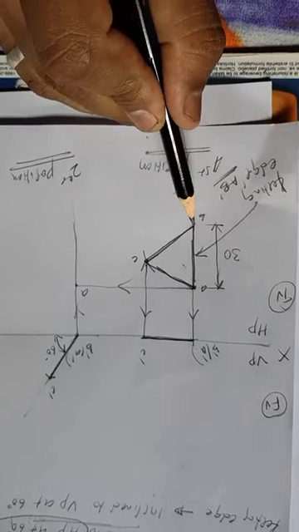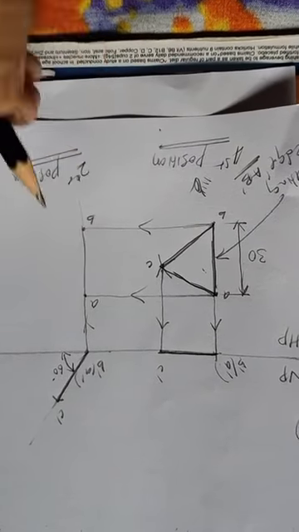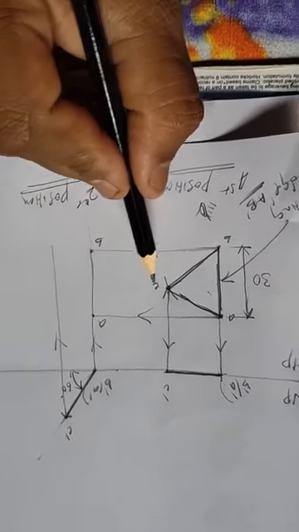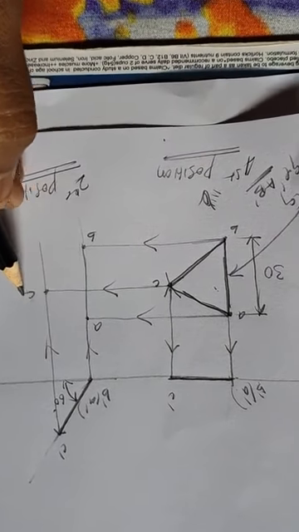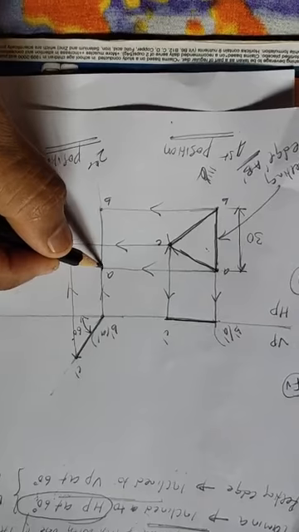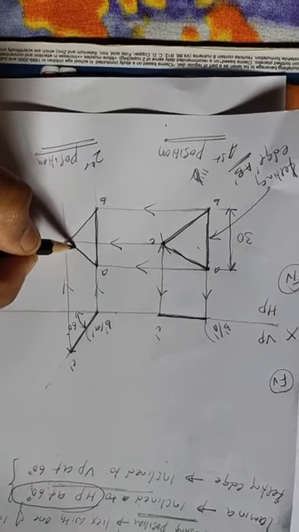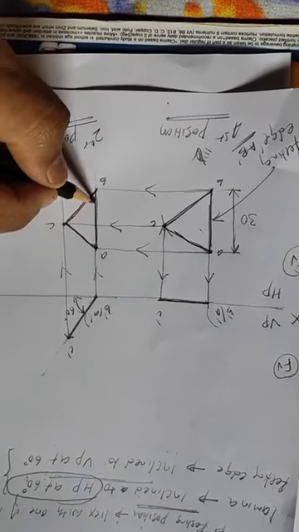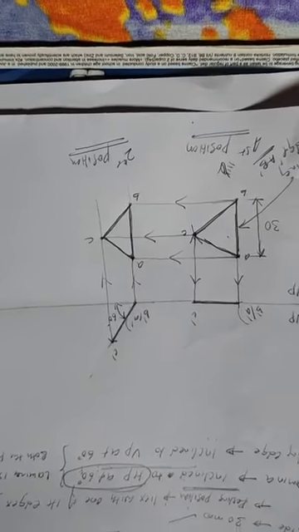From the top view of the first position, draw a horizontal projector, that is B. From C dash vertical projector, C horizontal projector, the meeting point is C. Then join AB, BC and AC. Again BC and AC are reduced size, but AB is the true size, true side. Right, now the second position is over.